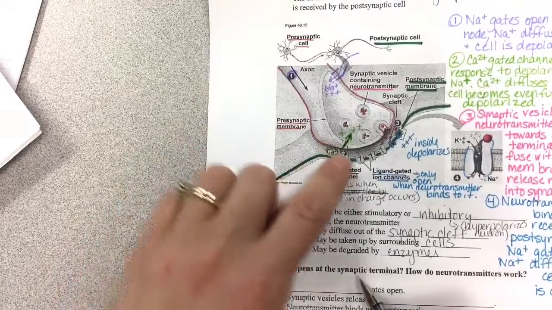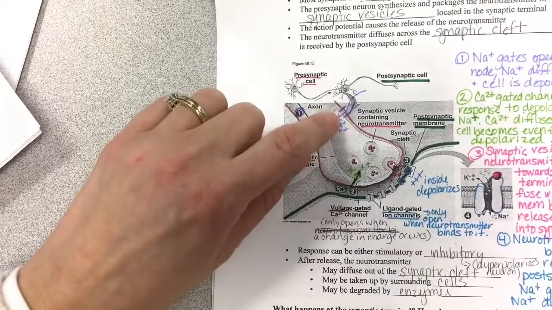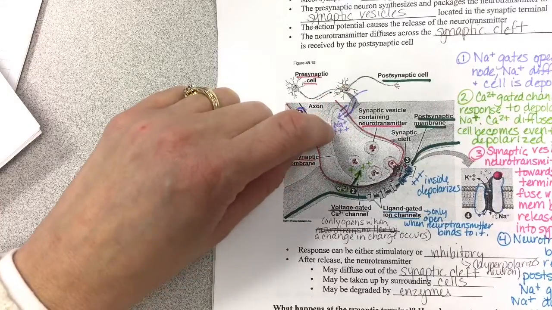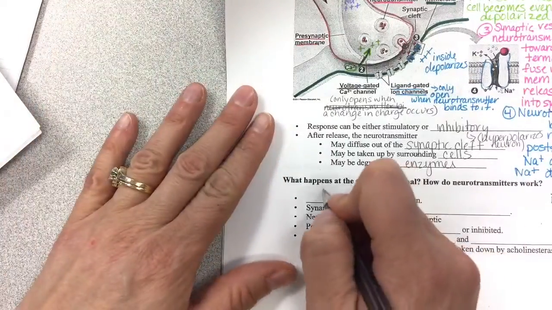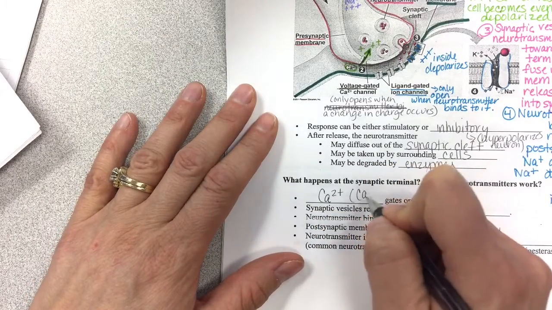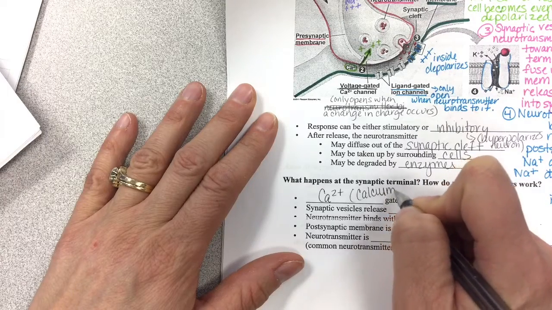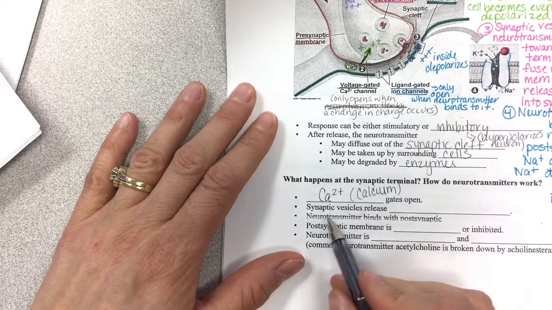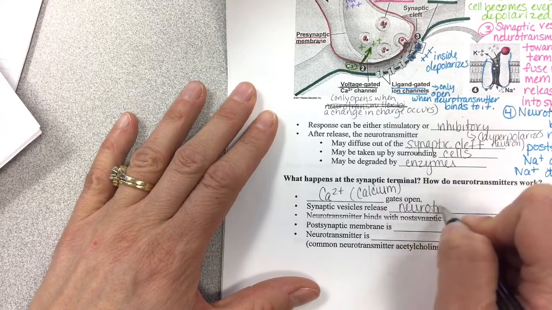So really it starts right here in the synaptic terminal and not at the last node. So these sodium gates do open, but that's going to trigger the gates over here to open. That's the calcium gates. If you don't know, Ca2+ is calcium. The gates open, and the synaptic vesicles release neurotransmitters.